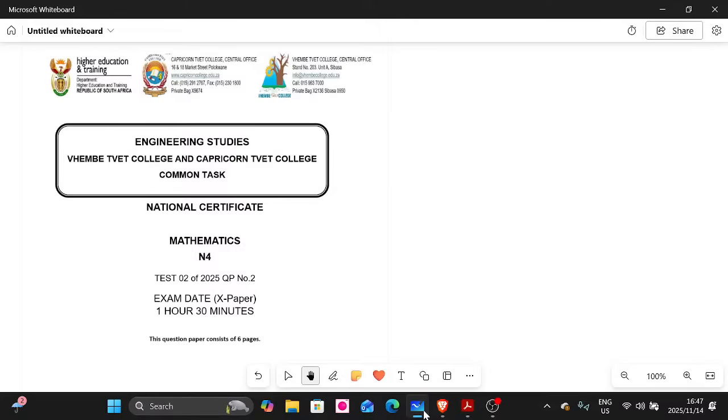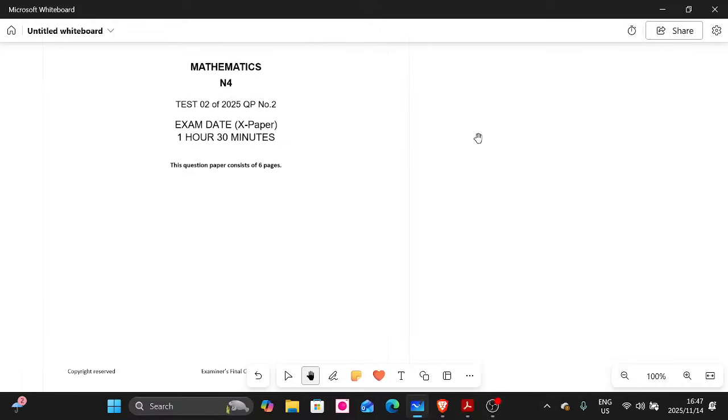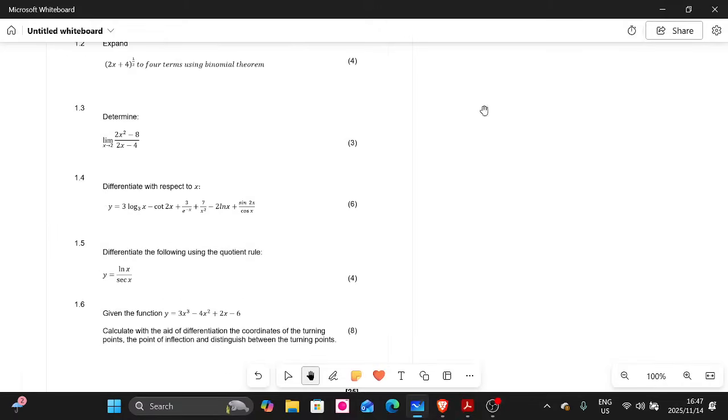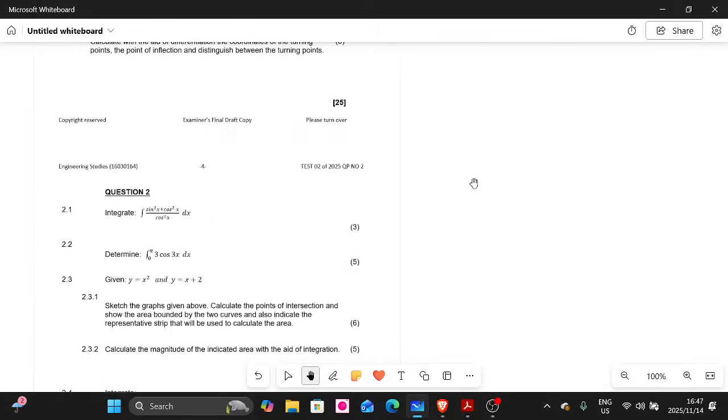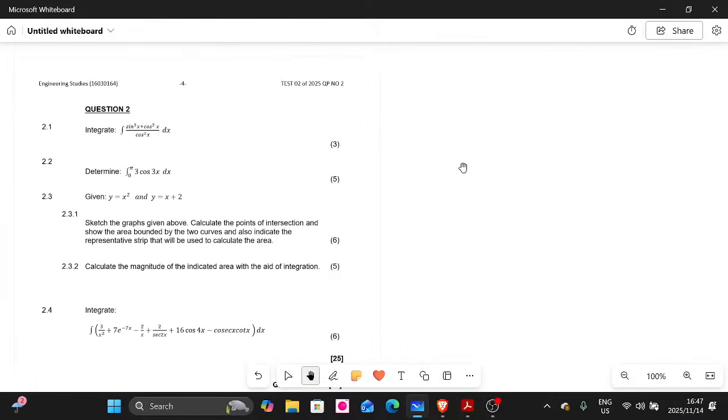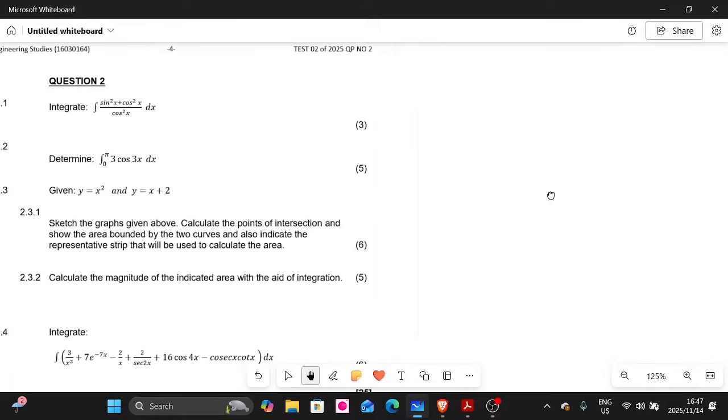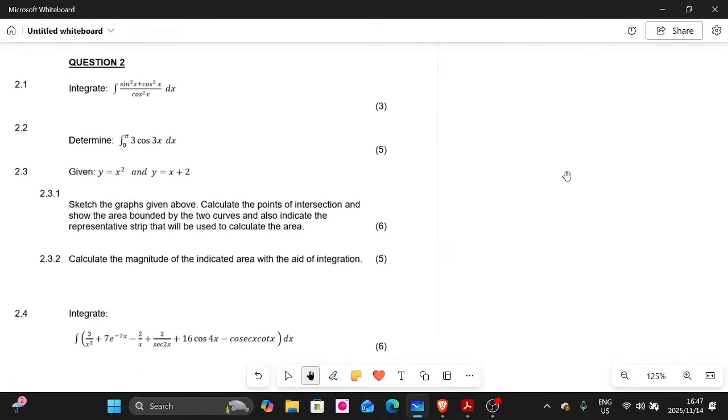Right. So we're gonna do question 2. So question 2 of this question paper is actually based on integration. Question 1 was based on differentiation. Question 2 is based on integration. So let me just zoom here so that we can see question 2 there.